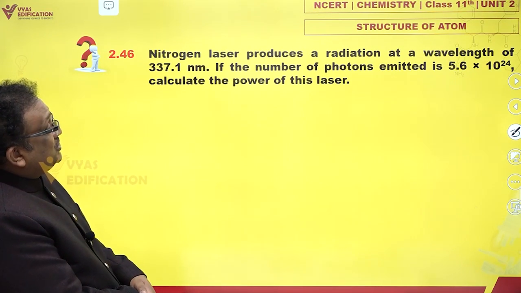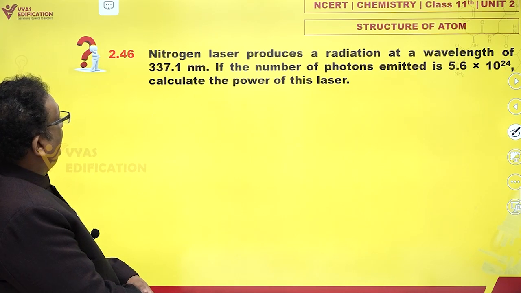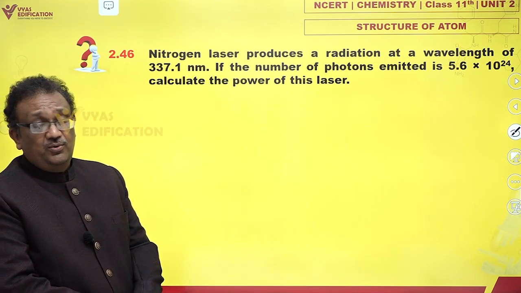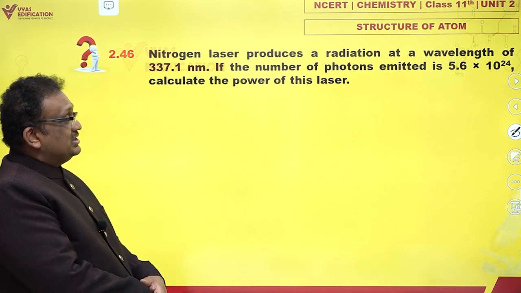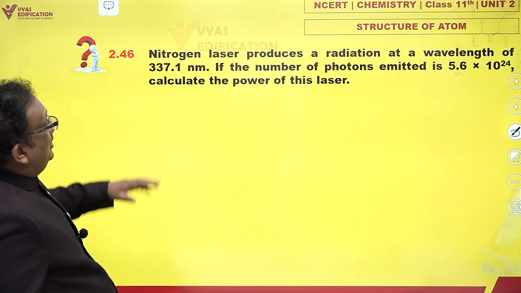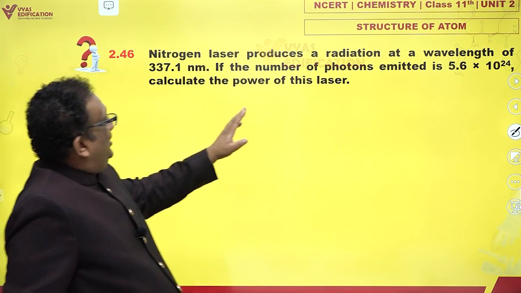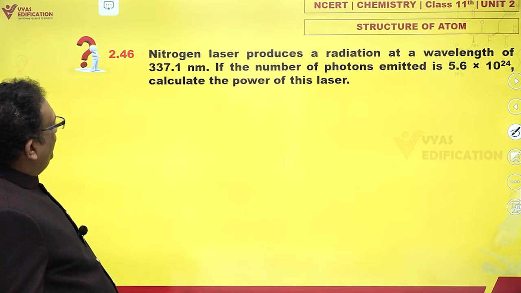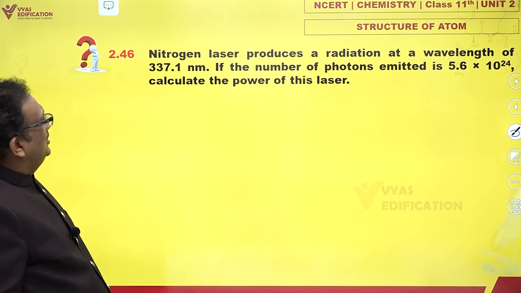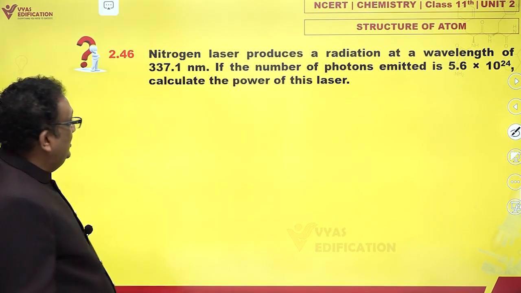Nitrogen laser produces a radiation at a wavelength of 337.1 nanometers. If the number of photons emitted is so many, calculate the power of this laser. Well, this is the wavelength and this is the number of photons emitted. Can we just find out the energy of one photon? Yes.